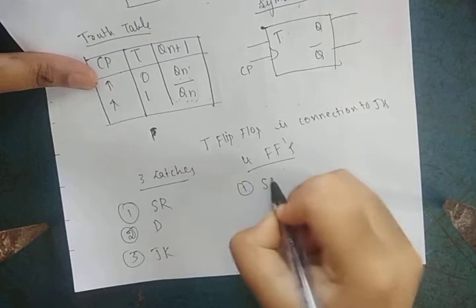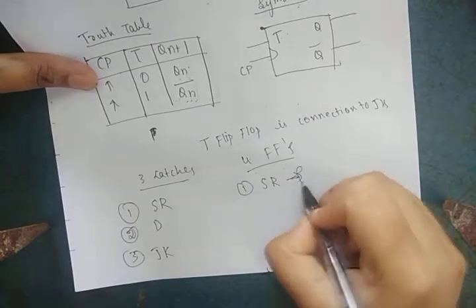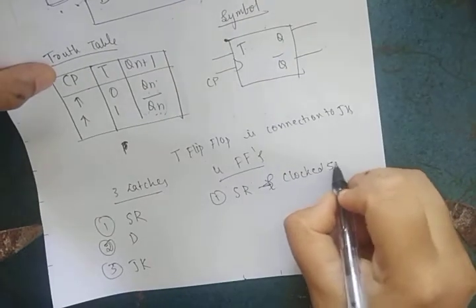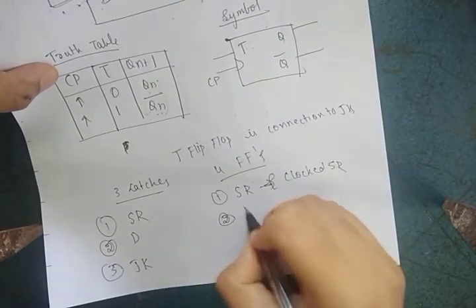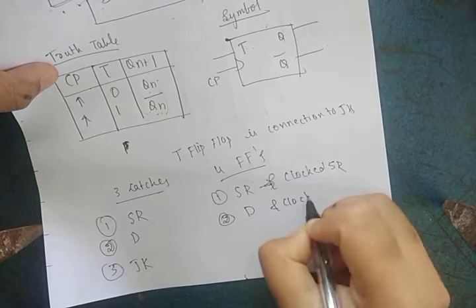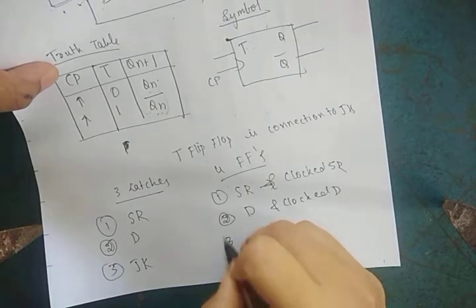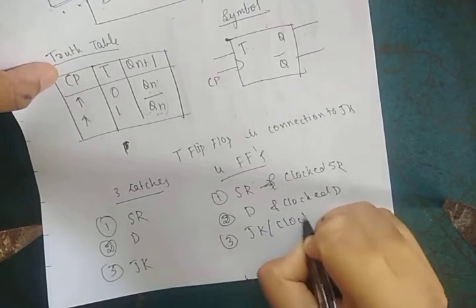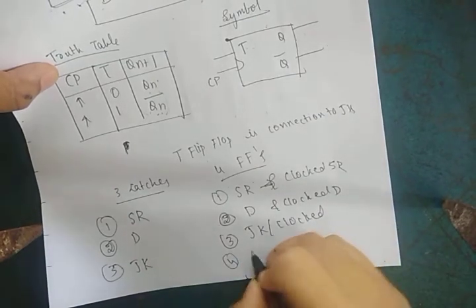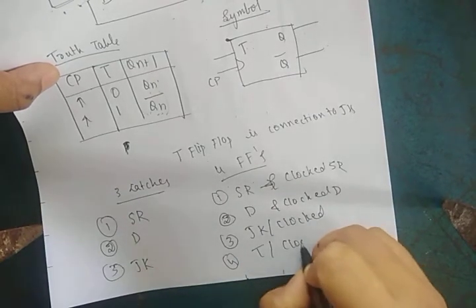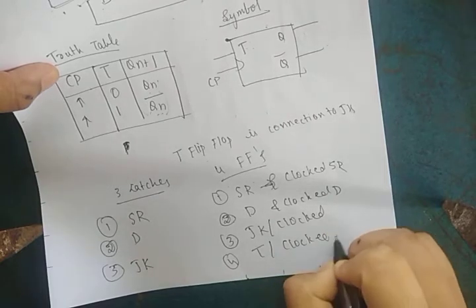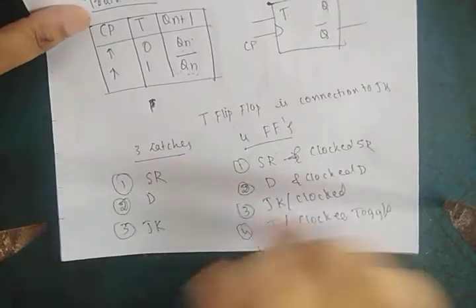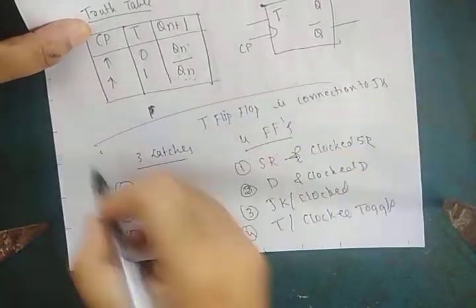First is SR and clocked SR. Second, D and clocked D. Third, JK and clocked JK. Fourth, toggle and clocked toggle. The difference is only that the clock pulse will be there in the clocked versions.